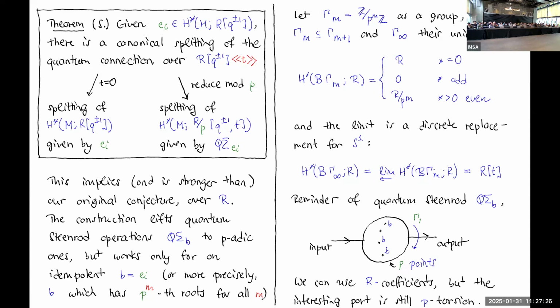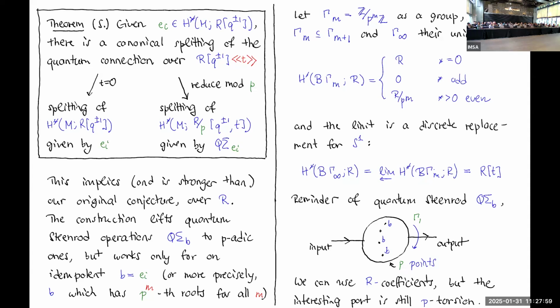It's very obvious to use instead Z mod p^n Z. We work equivariantly with respect to that, and we use coefficients in the p-adic integers. So if you look at the cohomology of the classifying space with these p-adic integers, in degree 0 it's of course one-dimensional. You get nothing in odd degrees, but in higher even degrees you get torsion, so mod p^n torsion.